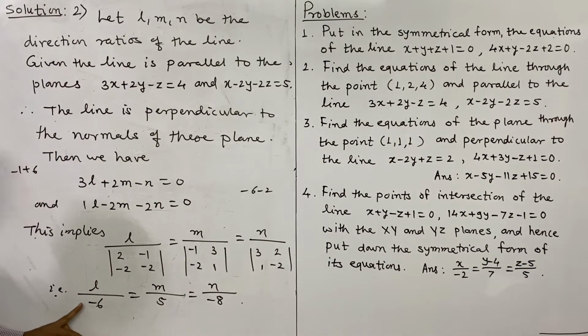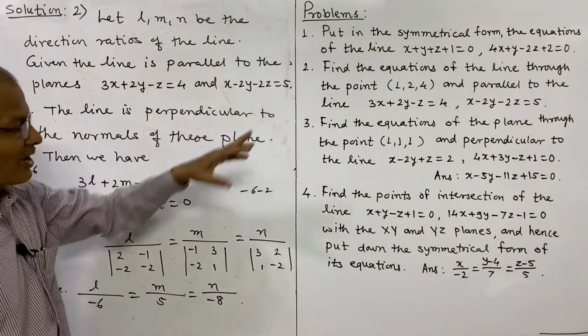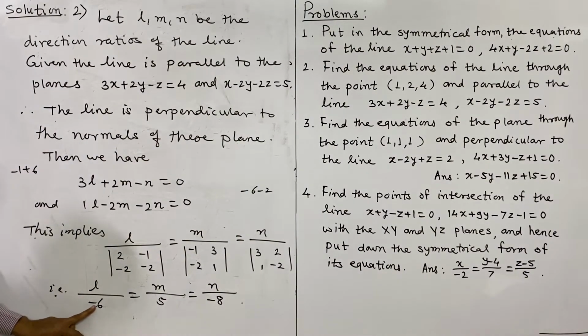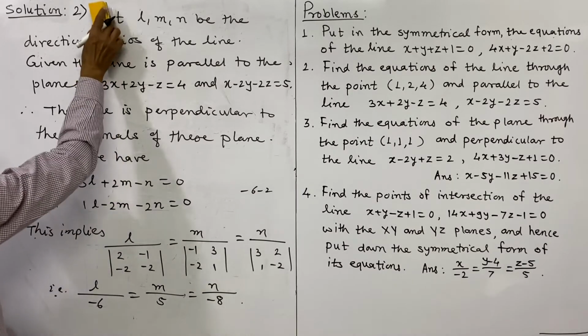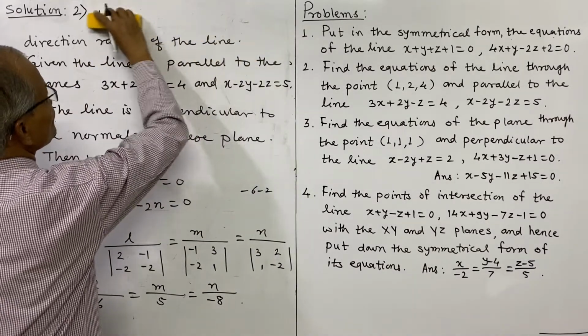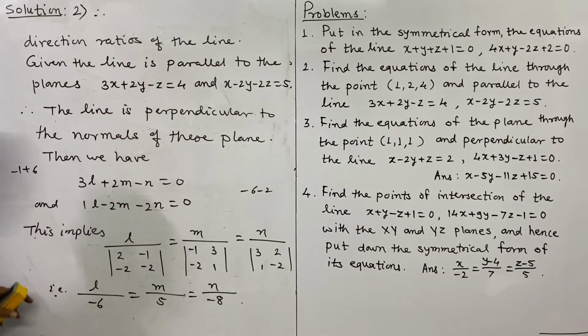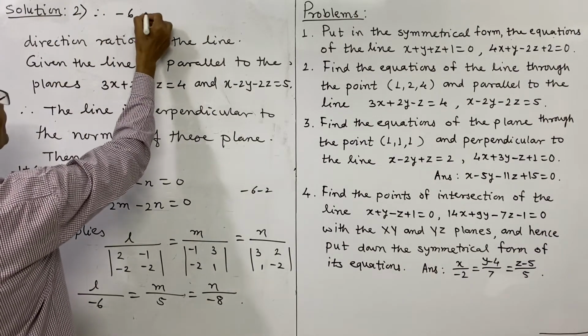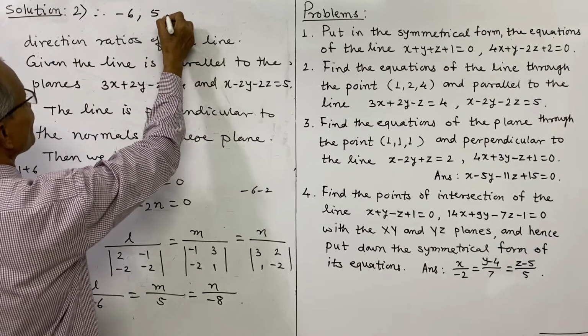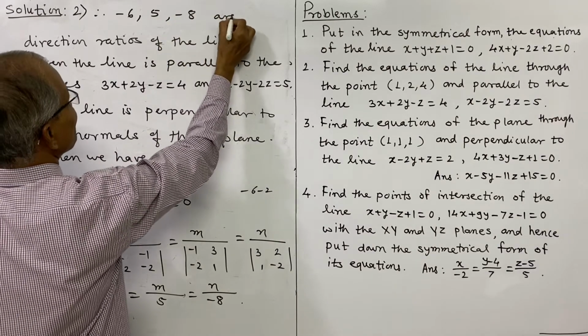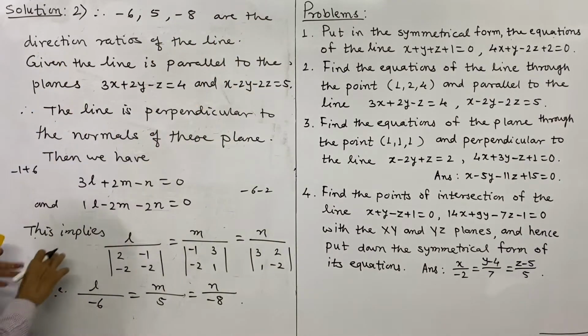In the earlier problem we obtained these values and I have removed them, so we have to remember these values. These are the DRs of the line. Therefore minus 6, 5 and minus 8 are the direction ratios of the line.